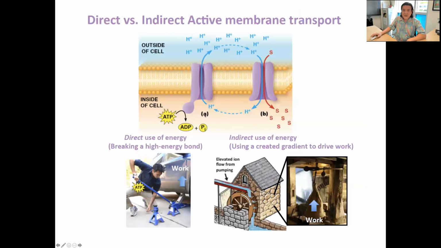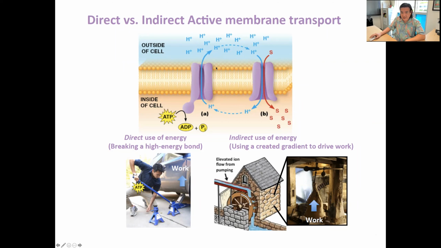All right. So oftentimes our cells set up these intentional concentration disequilibriums, these gradients, in order to tap into them and make use of them to drive other things. So a good example is proton gradients.